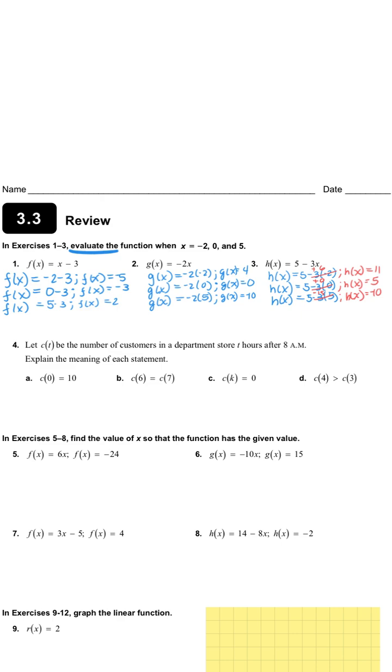And number 4, it's telling us, let's see, let c of t be the number of customers in a department store, where t is the hours after 8 a.m. We're going to explain the meaning of each statement.